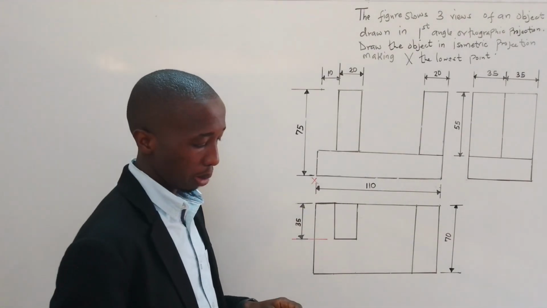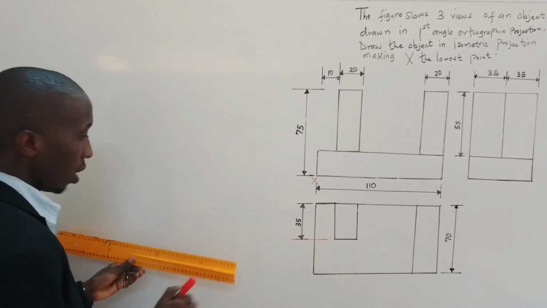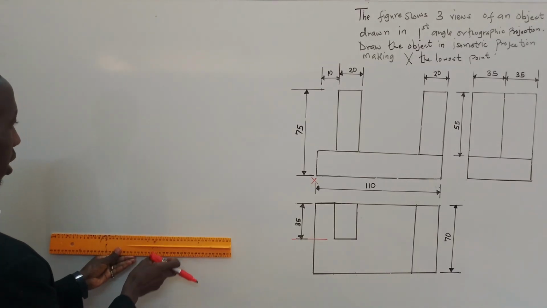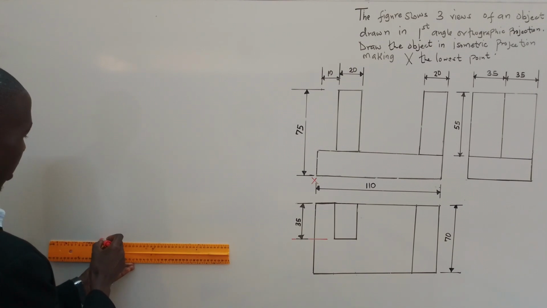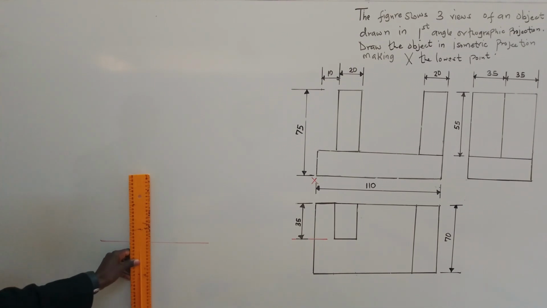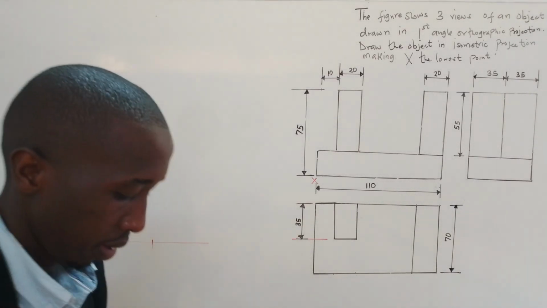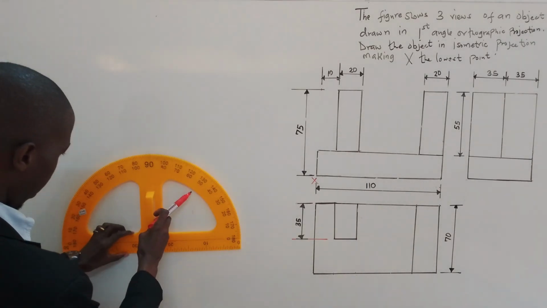So we will start by making the isometric axis. I will make it very simple. So I will make a horizontal line, and then I will mark a starting point. So I'll project 90.